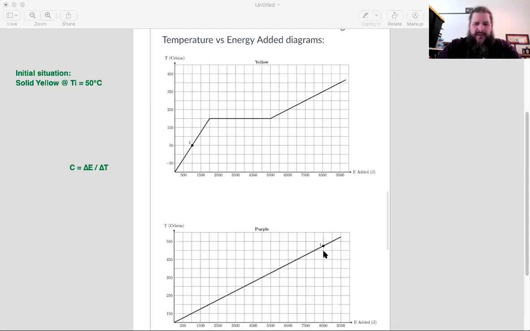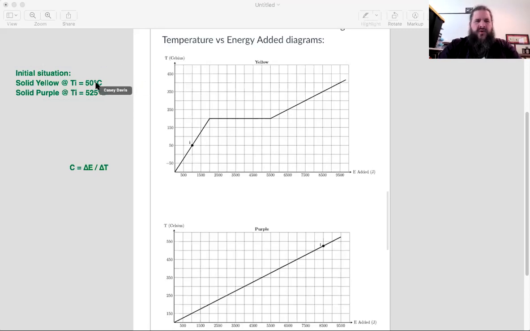And purple is, I'm guessing this is meant to be solid phase, and the initial temperature looks like it's somewhere around 525-ish. And then what's going to happen?